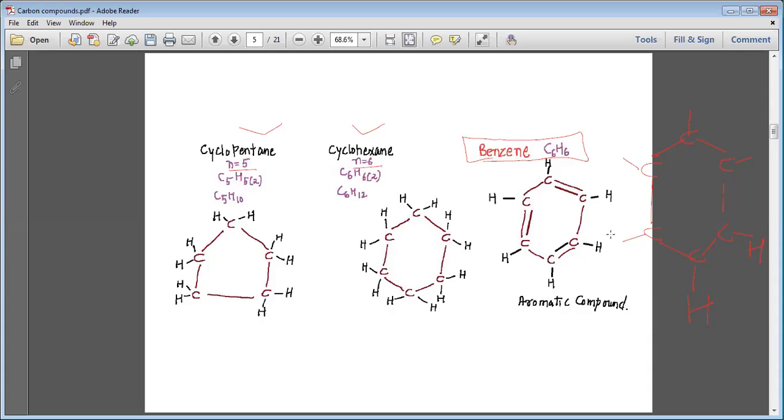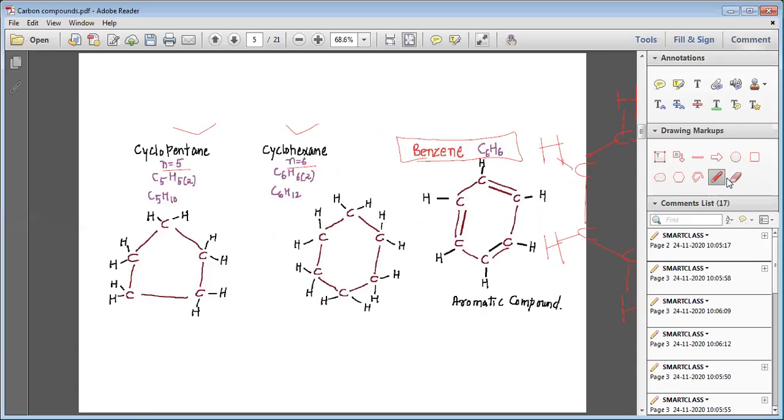The molecular formula of benzene is C6H6, and just the double bond can be altered this way, my dear students. We can easily alter the double bond, and we can show it in some other manner.